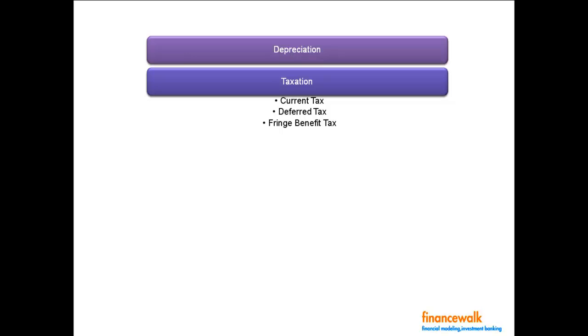Deferred tax is the impact of current year timing differences between taxable income and accounting income for the year, and reversal of timing differences of earlier years. I repeat, what is deferred tax? It is the impact of current year timing differences between taxable income and accounting income for the year, and reversal of timing differences of earlier years.